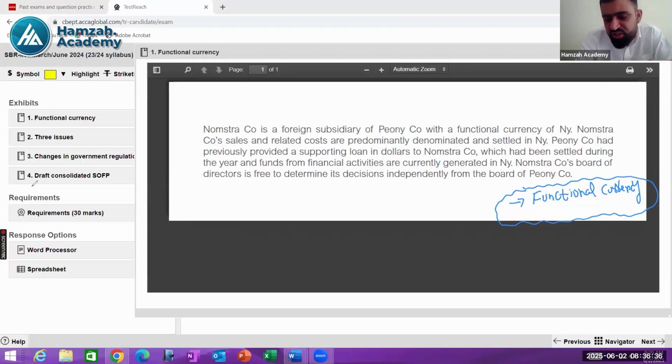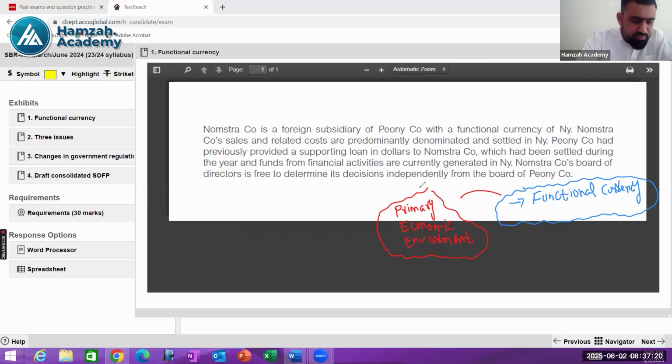We will define the functional currency. And what is the definition? The currency of the primary economic environment. The currency of the primary economic environment is known as the functional currency. That is the definition. First, we will define the functional currency.